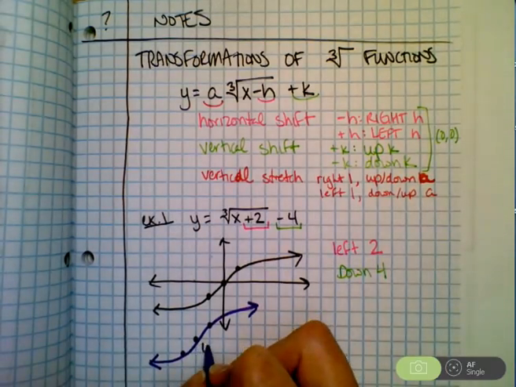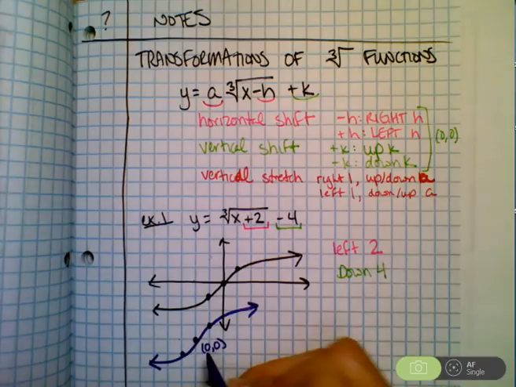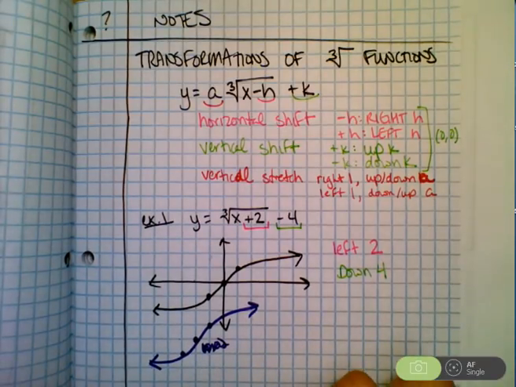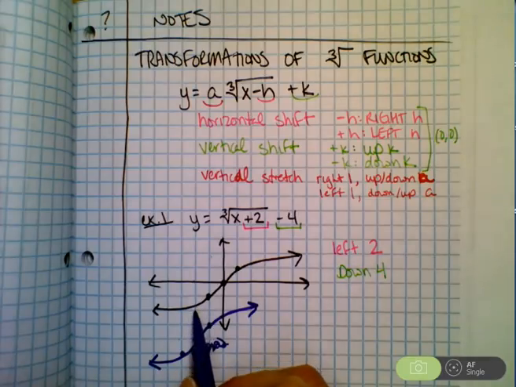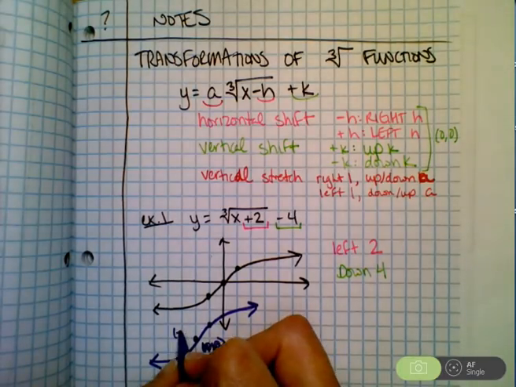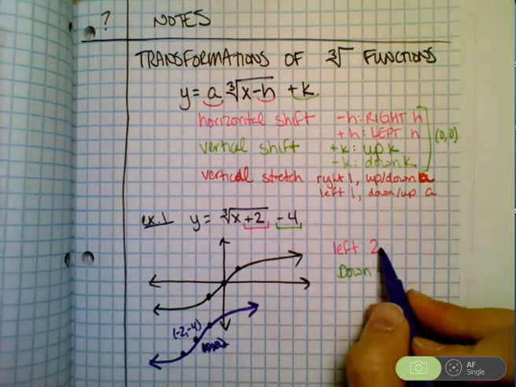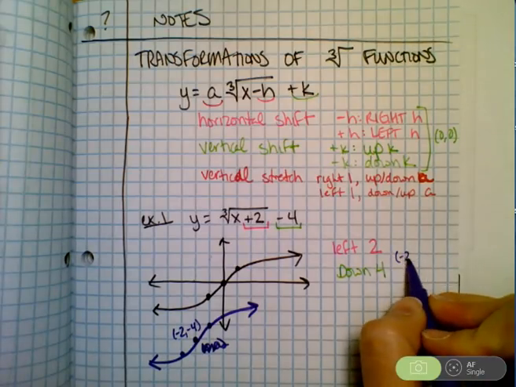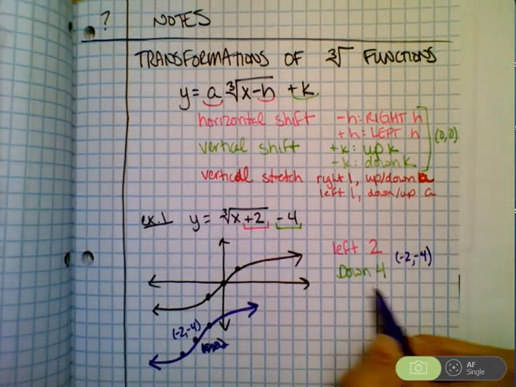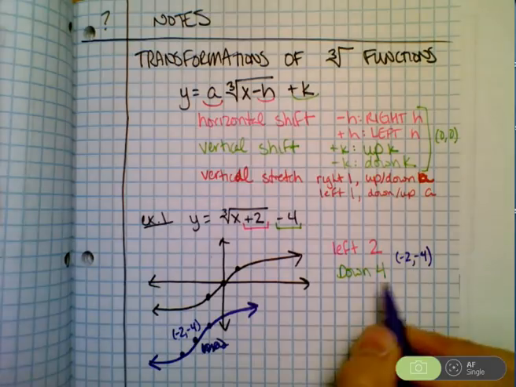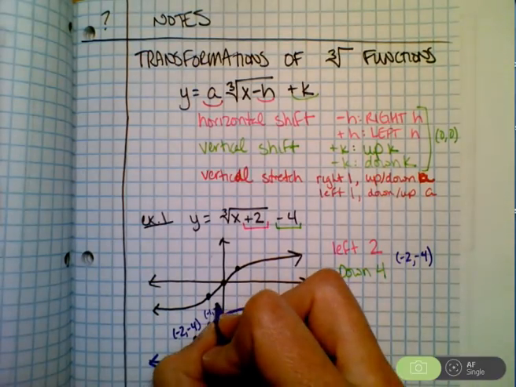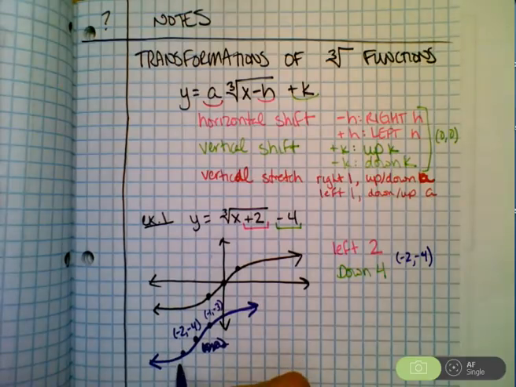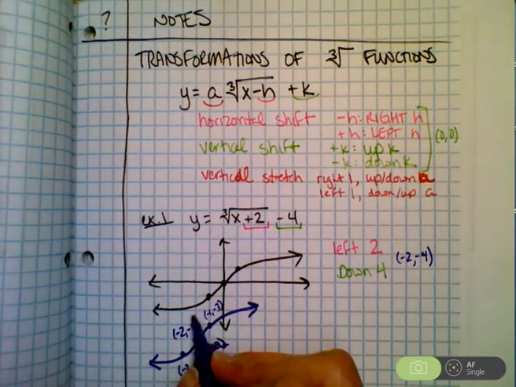I'm not looking for exact with these. Oops, that's not 0, 0 anymore. Shouldn't try and do two things at once. That is now negative 2, negative 4. Hey, that corresponds to that. Left 2, down 4, right? That tells us where our new center point goes. So then this point would be negative 1, negative 3, and this point down here is negative 3, negative 5. So we can see those are our reference points.